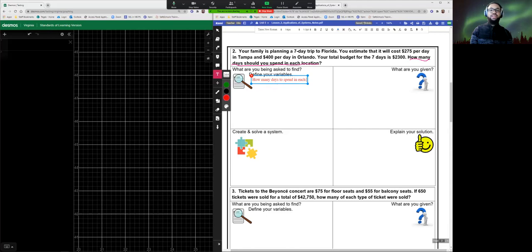So we need to find how many days to spend in each of those 2 different locations, okay? So we want to figure out how many days in Tampa and how many days in Orlando.